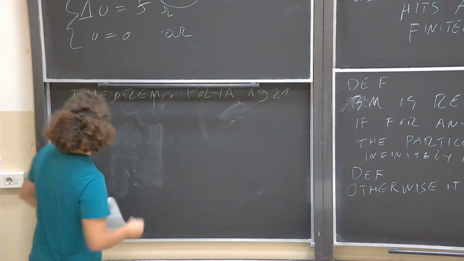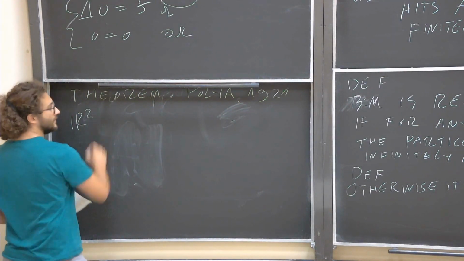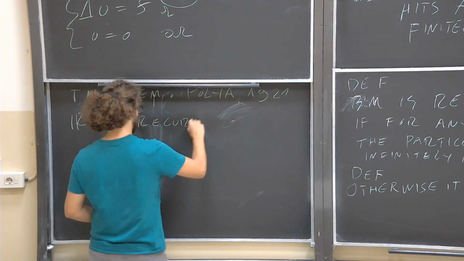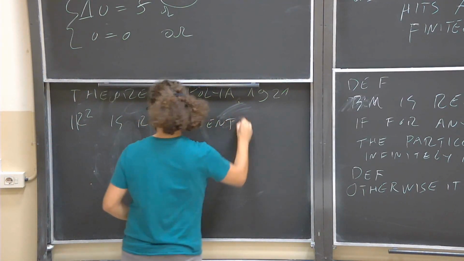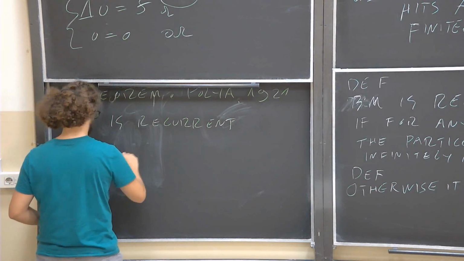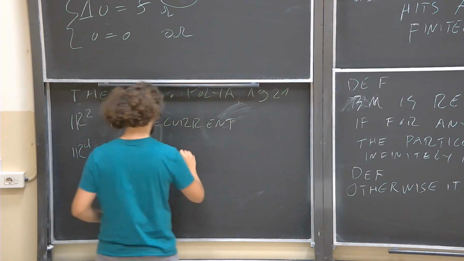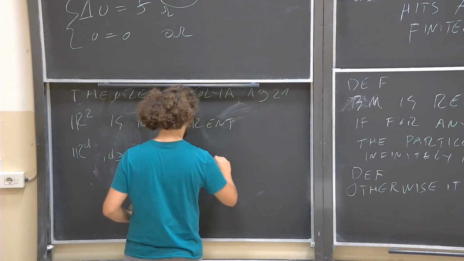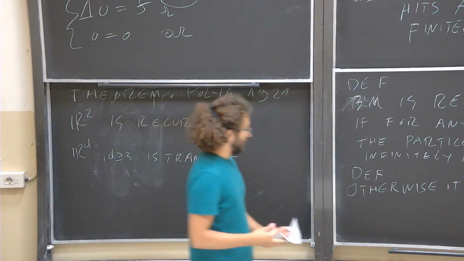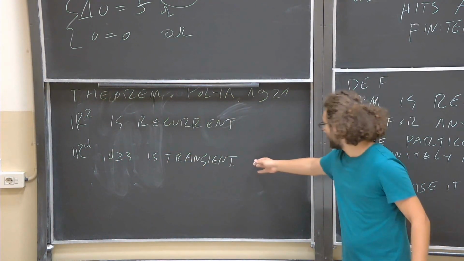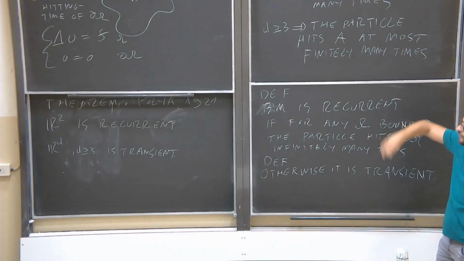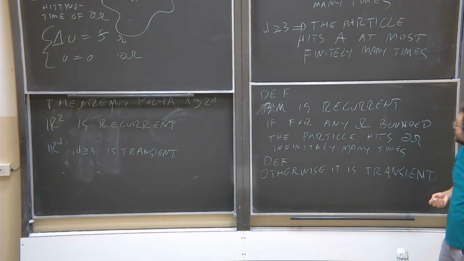R2 is recurrent. And Rd for any bigger d is transient. Okay, so in R3 or bigger, the particle that moves by Brownian motion somehow gets lost. In 2 dimensions, this does not happen.